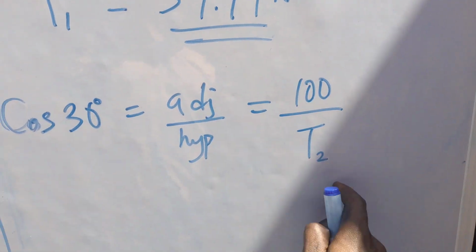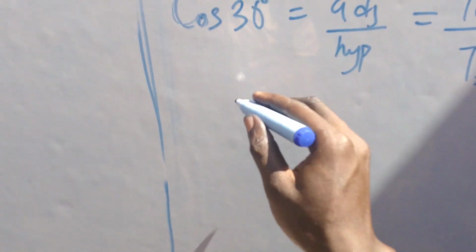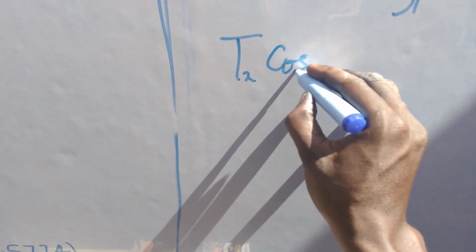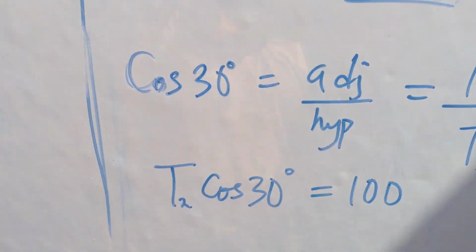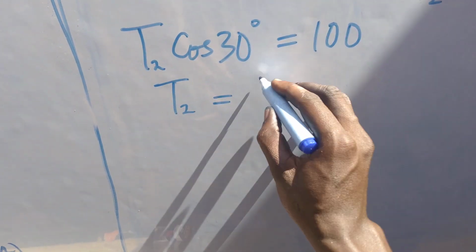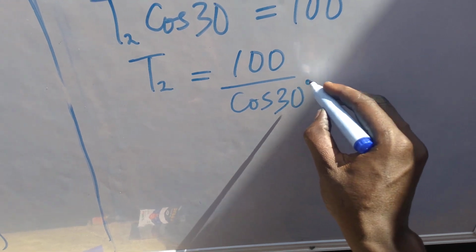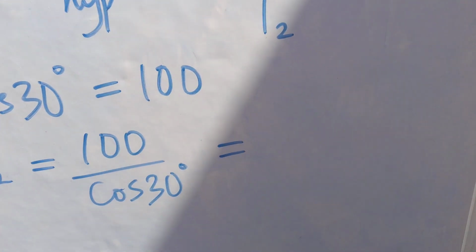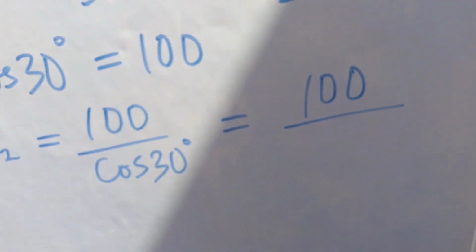If I cross multiply, T2 cos 30 degrees is equal to 100, and dividing by cos 30, T2 equals 100 over cos 30 degrees.